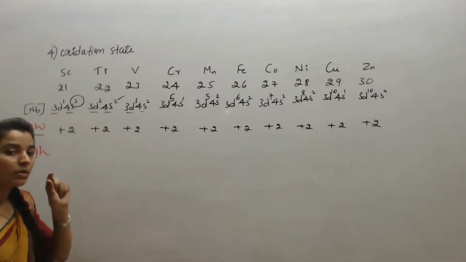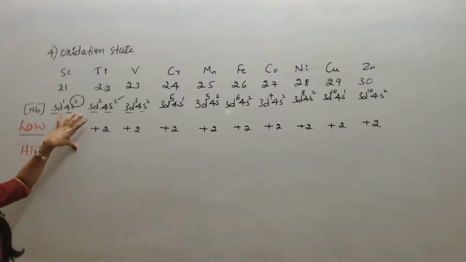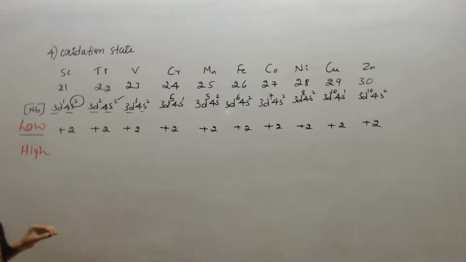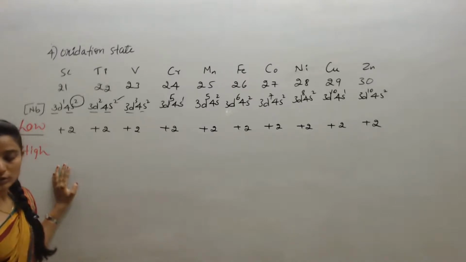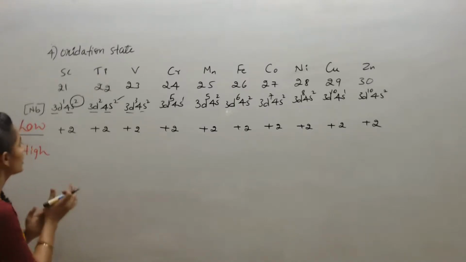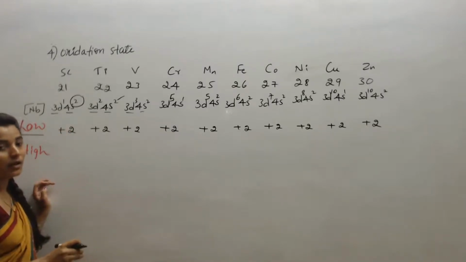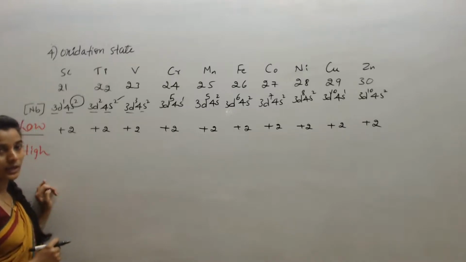So that is the lower oxidation state of the D block elements. Then, as I told you, the higher oxidation state is caused by the removal of electrons from the D subshell. If the removal of electrons takes place from the D subshell, then it may be equal to the number of electrons present in that, or it may be equal to the number of unpaired electrons present in that.